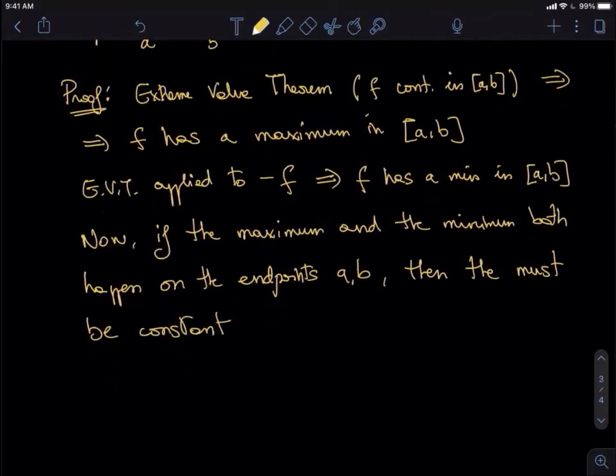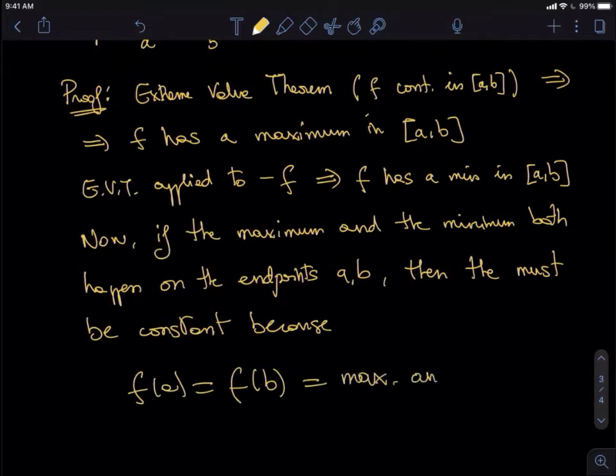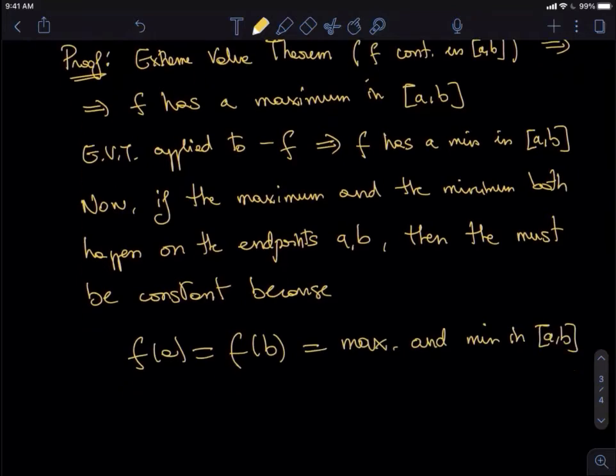Because by hypothesis, we have that f of a equals f of b, and then it would be equal to the maximum and minimum in [a, b]. And what happens now? If f is constant, then what is the derivative? It's 0. So then we are good, because that means for all the points in (a, b), the derivative is 0. So that means that in particular there is some point.